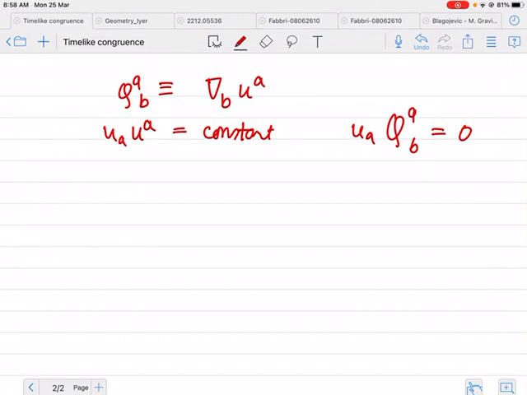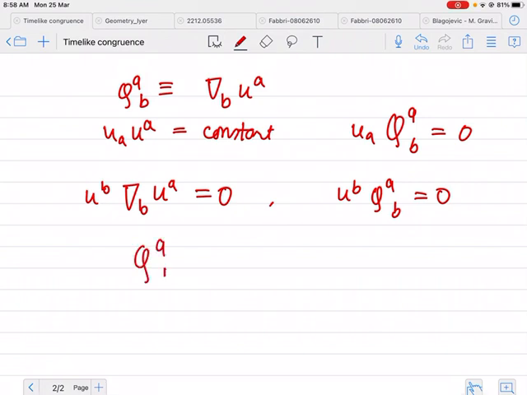In the case of a geodesic congruence, we also have u^B del_B u_A equal to 0, ensuring that u^B Q_AB is 0. So in the rest frame of the fluid element in a geodesic congruence, this tensor Q_AB is purely spatial.